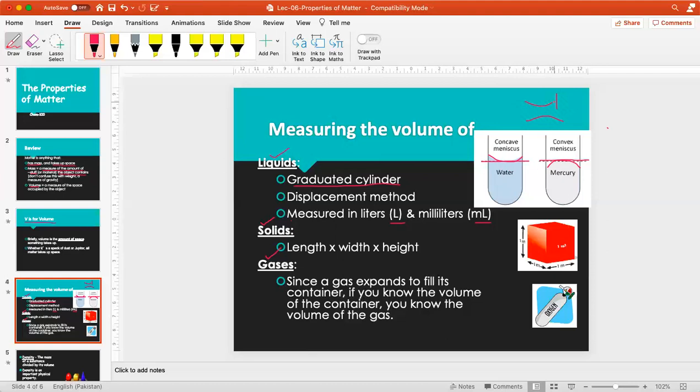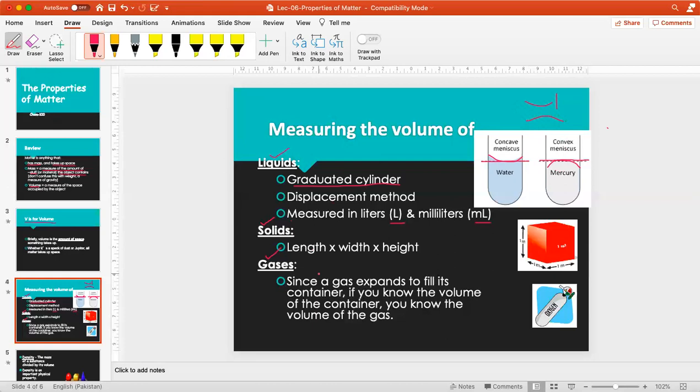This will measure exactly. Whenever you go to find the volume of a colored liquid, you will measure the upper meniscus, okay.